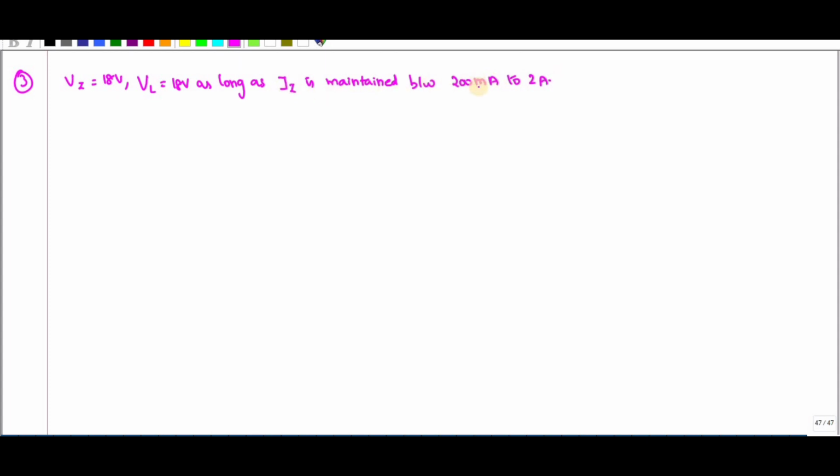So IZ minimum value is 200 milliamps, and IZ maximum value is 2 amps.